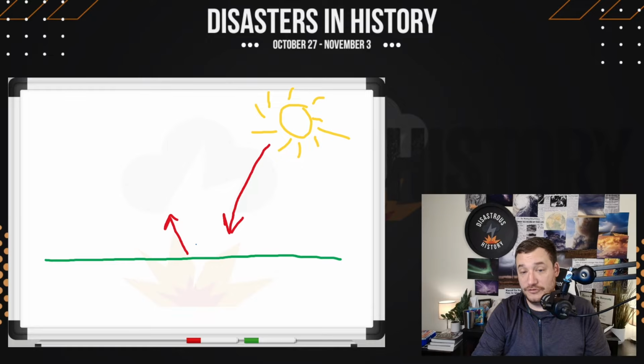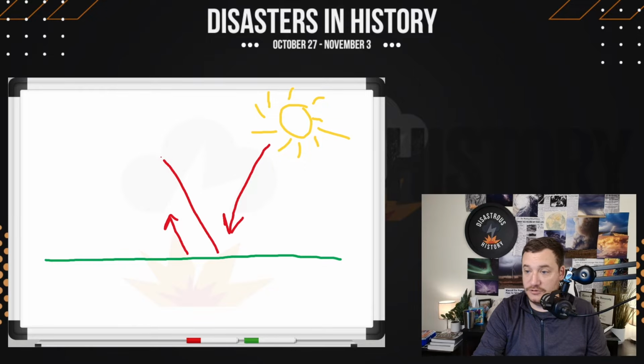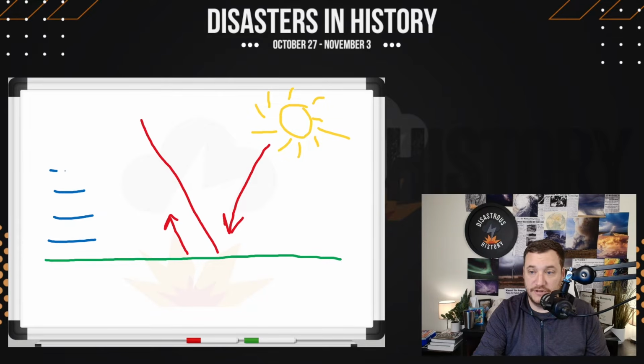Just to give you an idea of what a sounding looks like, you'll have a red line that goes up like this, and on the sides you'll have lines of different layers of pressure, anywhere from 300 to 200 millibars at the top, 925 millibars at the bottom, and 500 in the middle somewhere.